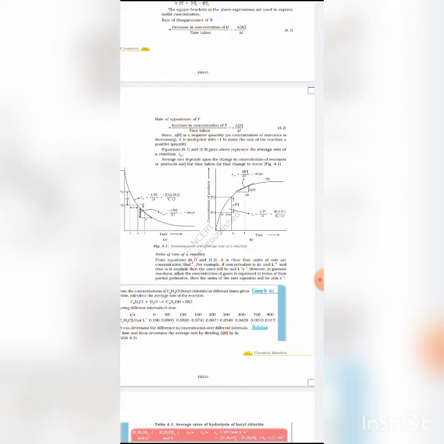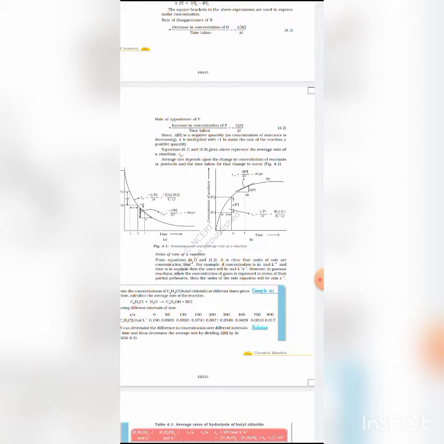And temperature: rate of reaction increases with the increase in temperature, and when temperature decreases, rate of reaction also decreases. Presence of catalyst: in presence of a catalyst, the rate of reaction generally increases and the equilibrium state is attained quickly in reversible reactions.